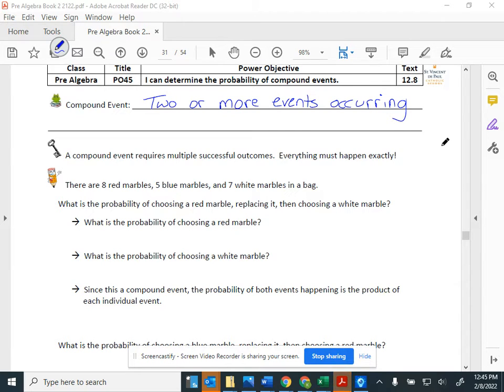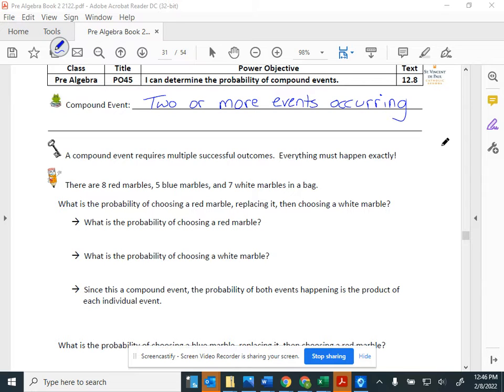Everything must happen exactly. So think back to when we were flipping that coin. We said, what's the probability of getting a heads, then a tails, then a heads, then another heads? Okay, that's a compound event. It has to happen in this order, this way.